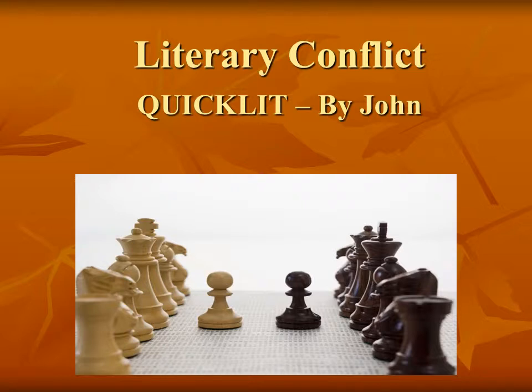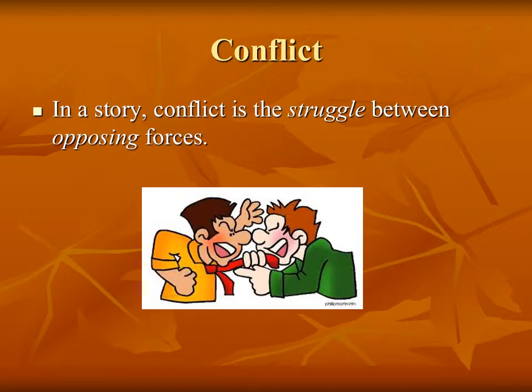And today we are going to be looking at literary conflict, or conflict in literature. So, before we continue, we have to first of all define some basic phrases, the first of which is the term conflict. Now, what is conflict? Well, conflict in literature is essentially the struggle between opposing forces.